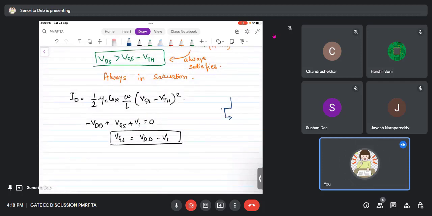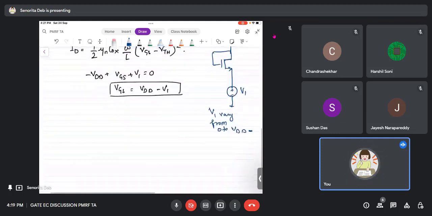So let me just redraw it again so that here also you can see the MOSFET. So I have applied V1 at one terminal, I have applied VDD at the other terminal, and I am asking what is the ID graph versus V1. V1 will vary from 0 to VDD.